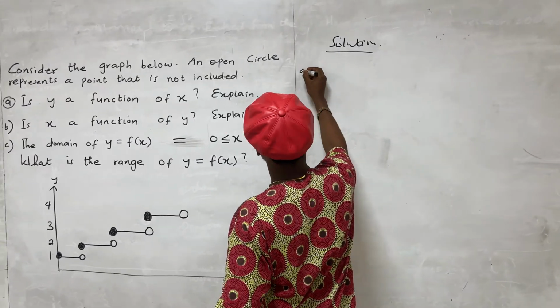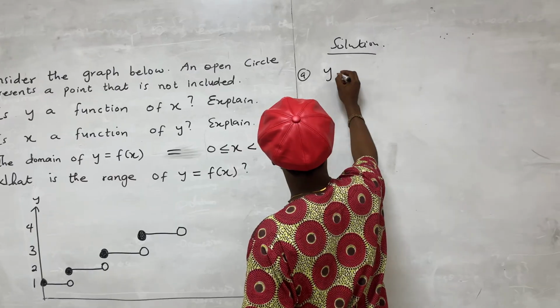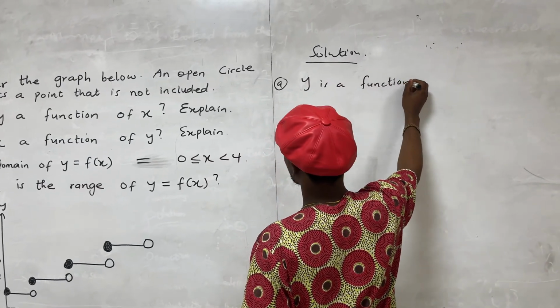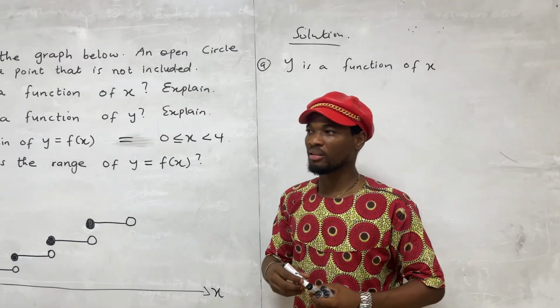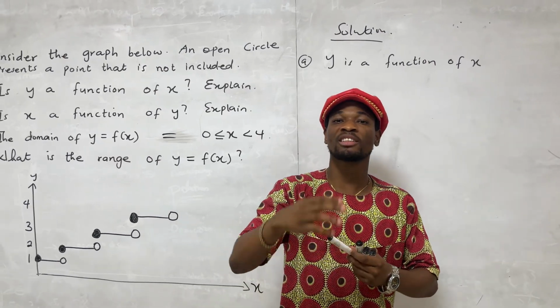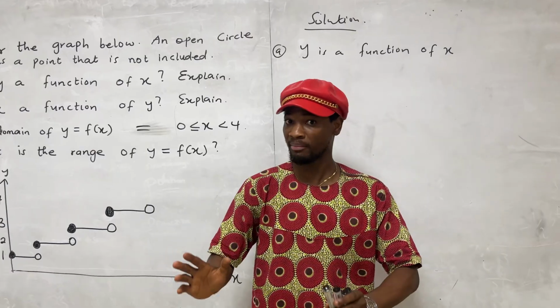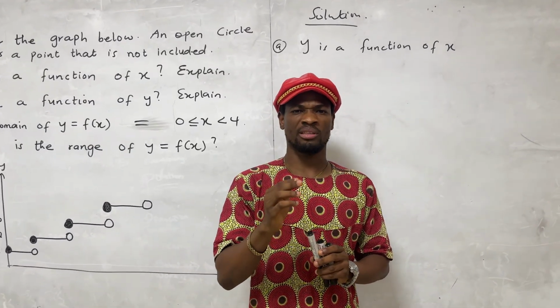So this is the solution. For A, y is a function of x. Viewers, when we say function, we have functions in programming and functions in maths, but we are considering mathematics. Now when we say function, think of a machine.